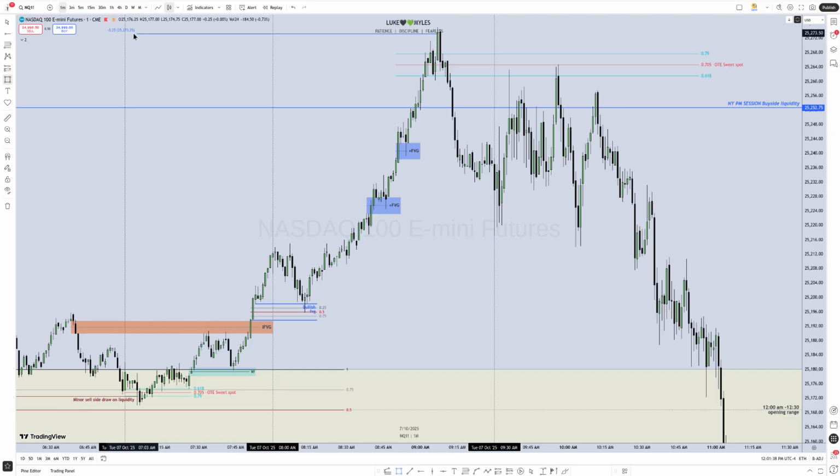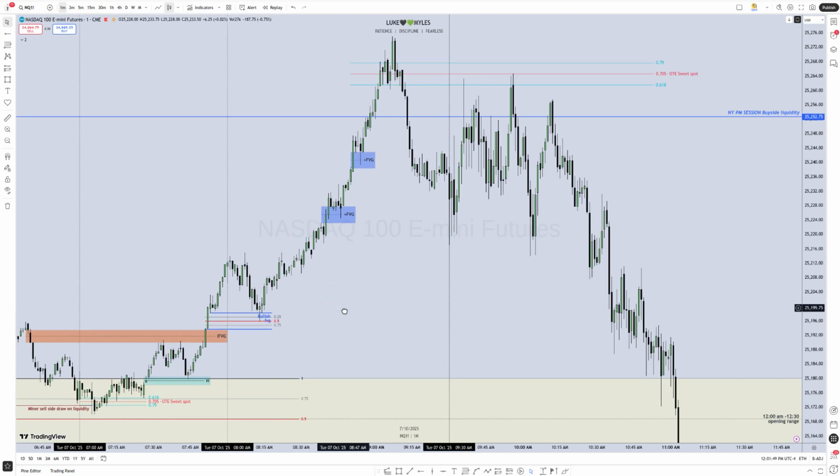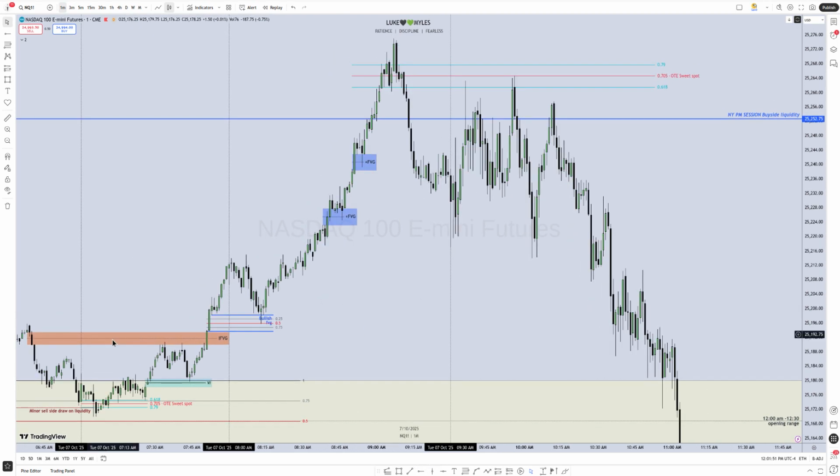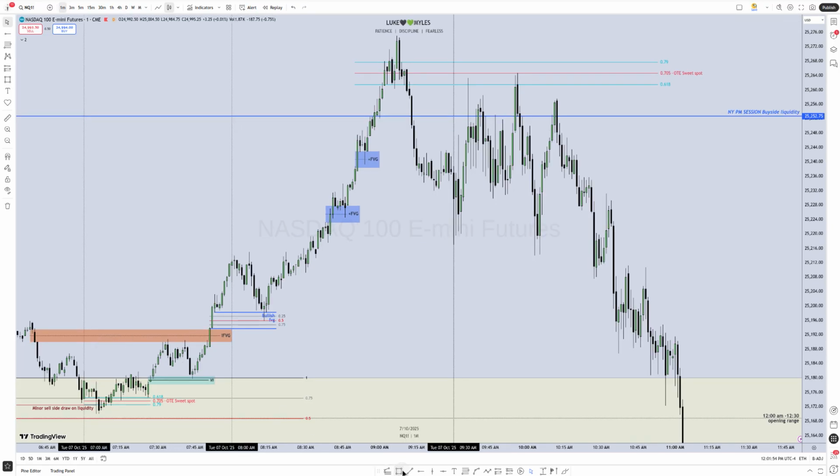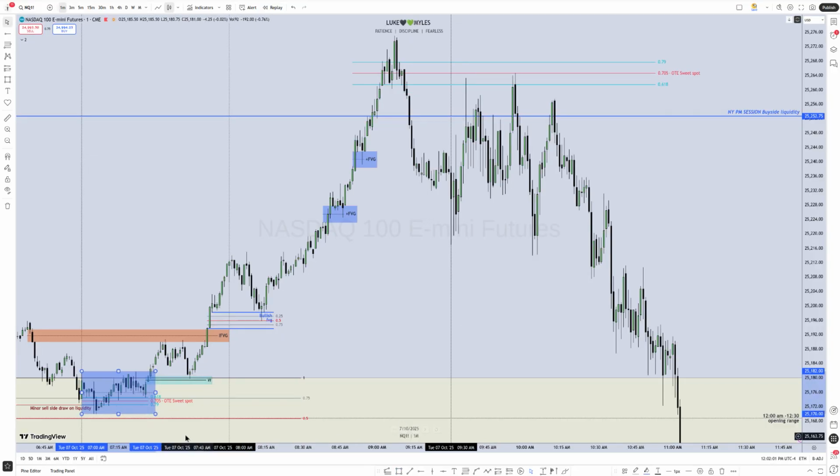So if I'm to consider this as market maker buy and sell program, if this is my original consolidation, this right there, I'm going to take off this, going to take off that and these two.